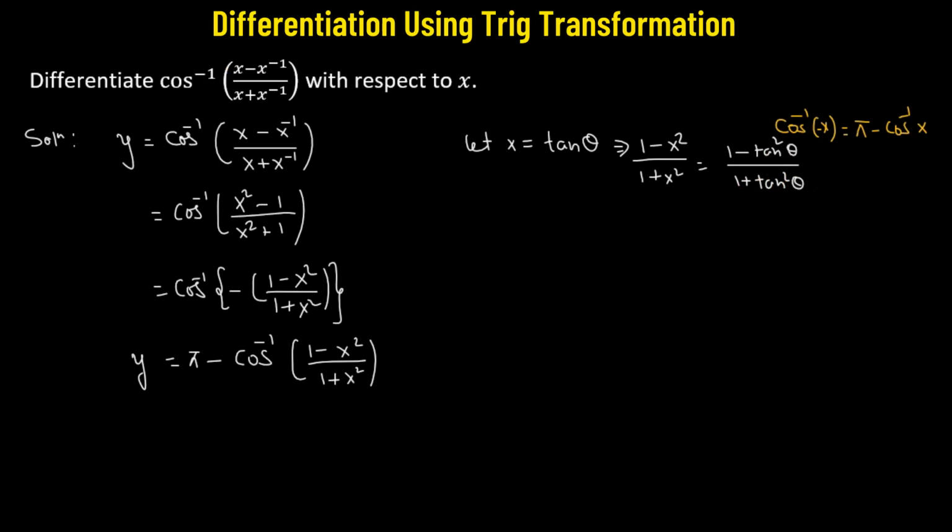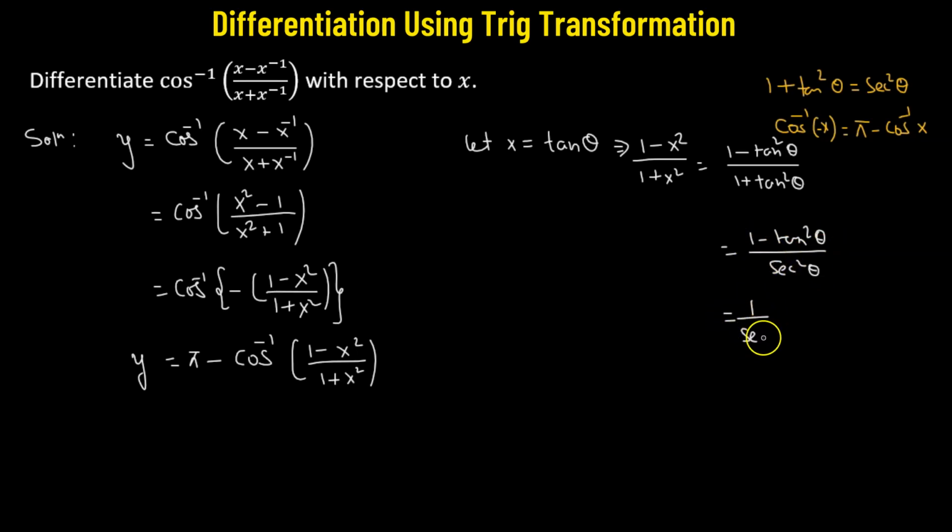Now 1 plus tangent squared theta is a trig identity, equal to secant squared theta. So in place of 1 plus tangent squared theta, we can have secant squared theta. Now we'll divide each of the terms in the numerator by secant squared theta.